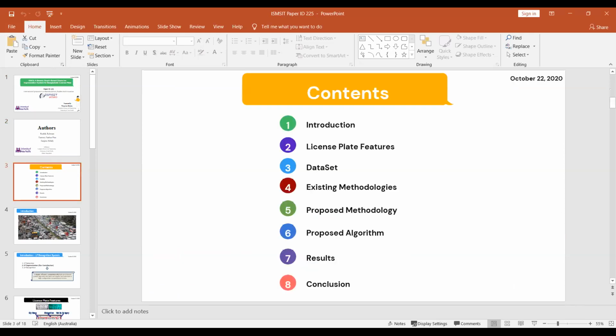These are the contents of our presentation. First, a brief introduction, then the Bangladeshi license plate features, the data set we are using, some of the existing methodology for segmentation, our proposed methodology and algorithm, then result and conclusion.